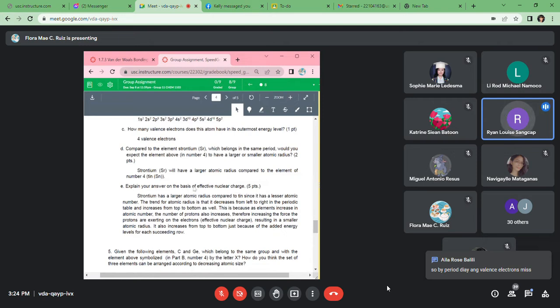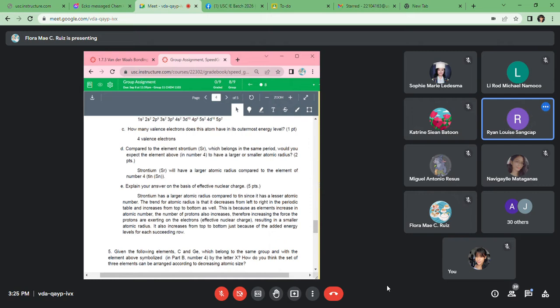Strontium will have a larger atomic radius compared to the element of number 4, tin, Sn. And in E, strontium has a larger atomic radius compared to tin, since it has a lesser atomic number. The trend for atomic radius is that it decreases from left to right in the periodic table and increases from top to bottom as well.